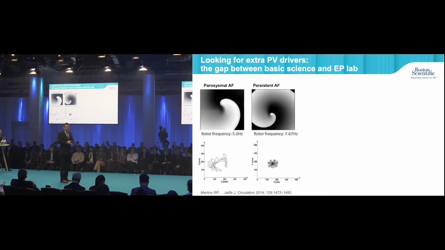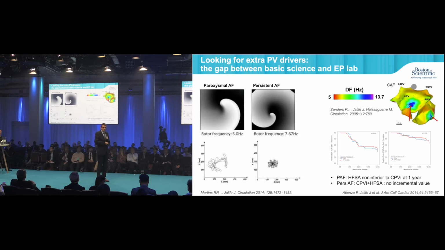We have very beautiful experimental proof coming from the group of Jose Jalife, showing that rotors exist. They tend to be pretty stable in persistent AF, but there is a gap between those very beautiful experimental and simulation proofs and clinical practice.